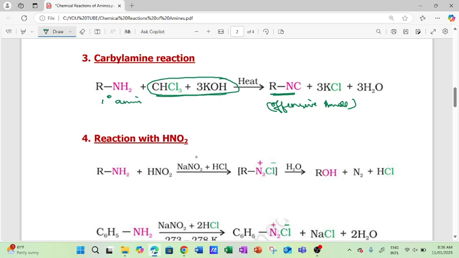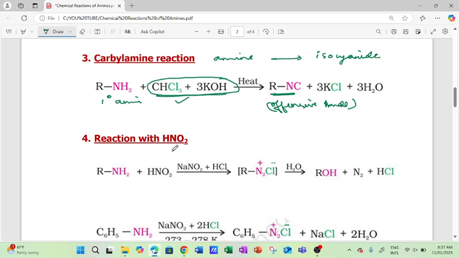So under chemical reactions, if you are talking about the carbylamine reaction, we can say that the carbylamine reaction is a conversion of an amine to isocyanide. The reagents used in this reaction are KOH and CHCl3.